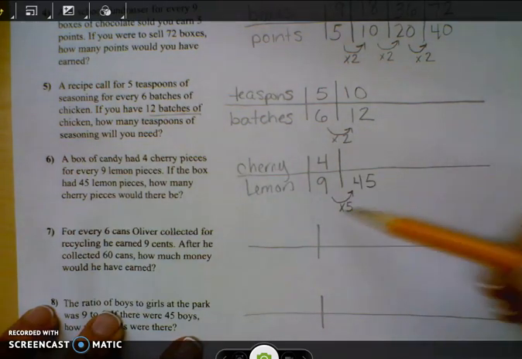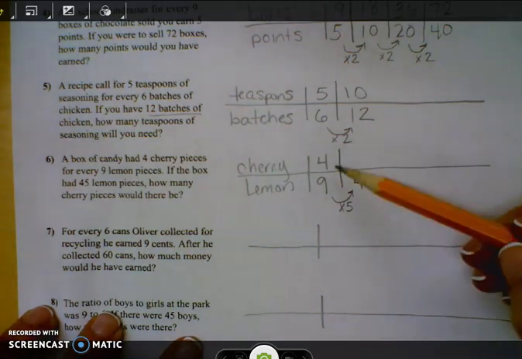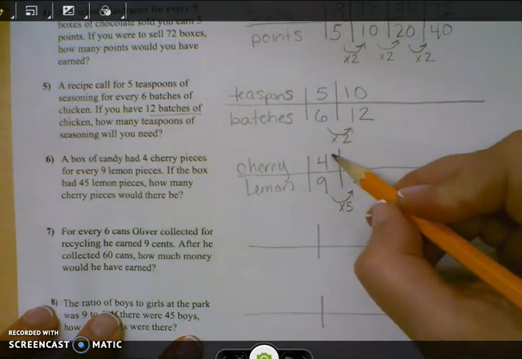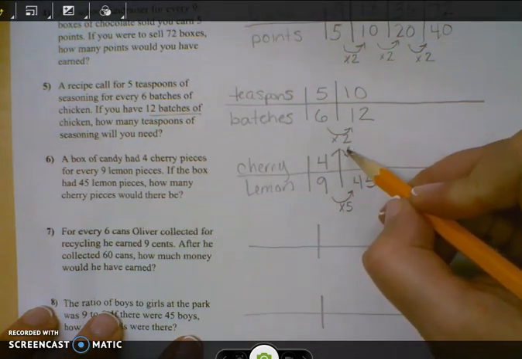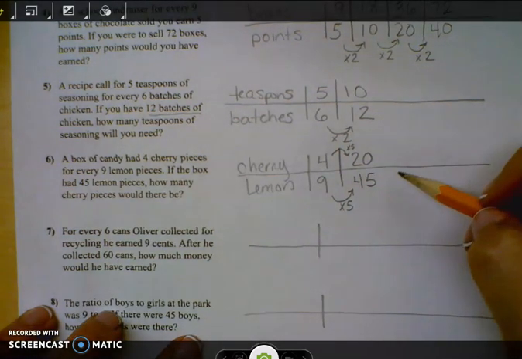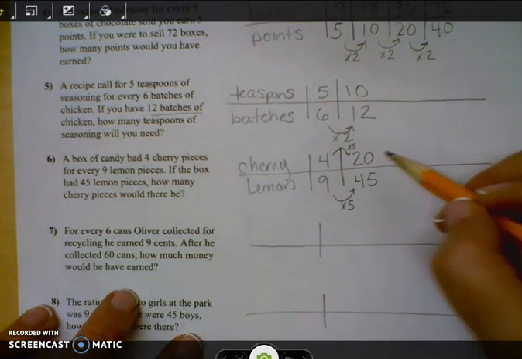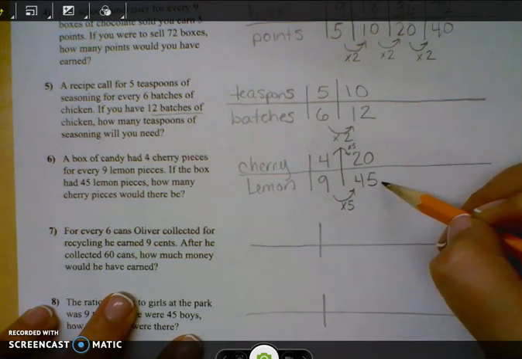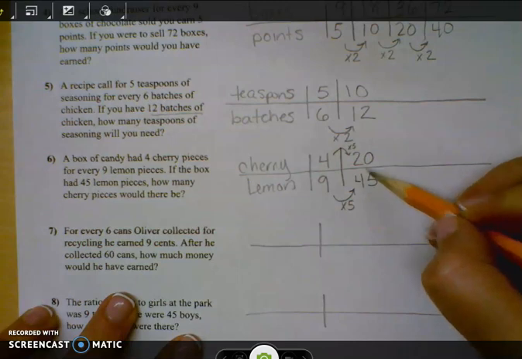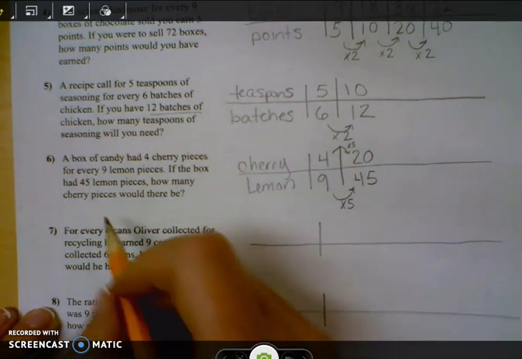So if I make my lemon pieces 5 times larger, I also have to make my cherry pieces 5 times larger. I know that 4 times 5 is 20. So I think that my answer is 20 cherry pieces. If there were 45 lemon pieces, there would be 20 cherry pieces, and my equivalent relationship is times 5.